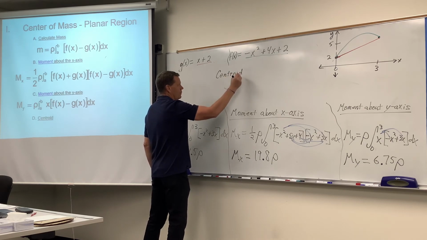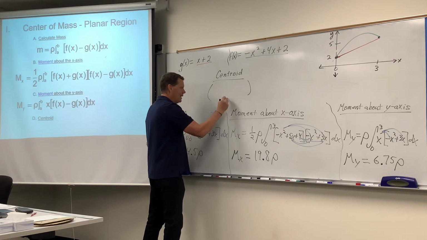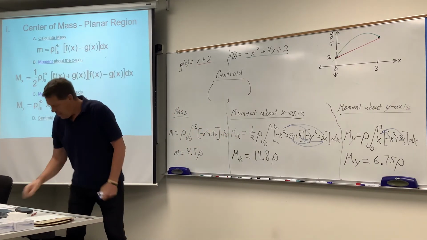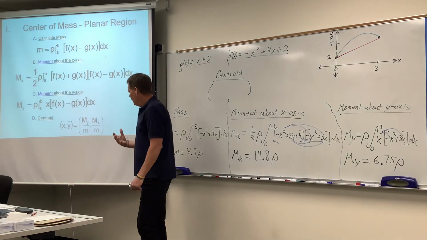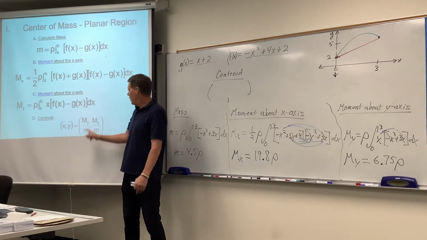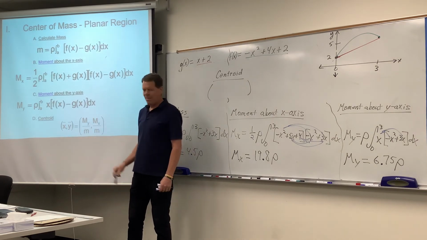It's an ordered pair, okay? And again, these numbers down here are going to be used to find this centroid. It is given x bar, y bar, the balancing point, the centroid, by the following expression. The moment about the y-axis divided by mass.